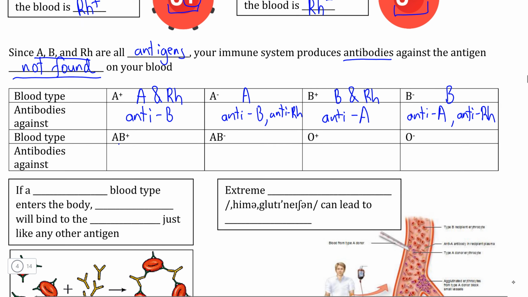Now, AB and O type blood are interesting because they are diametric opposites of each other in terms of how antibodies are produced.